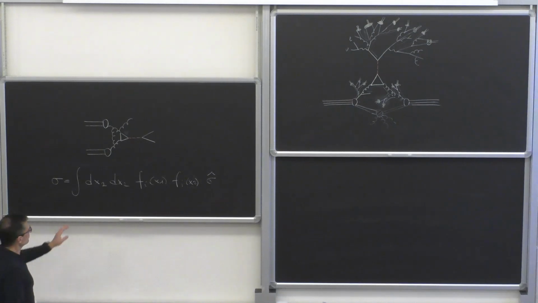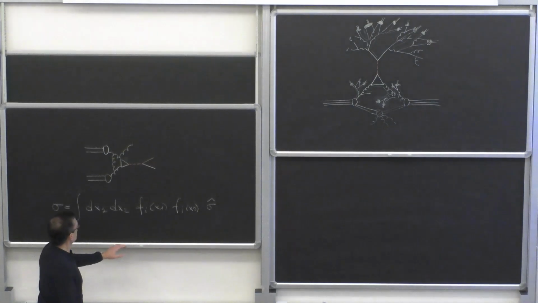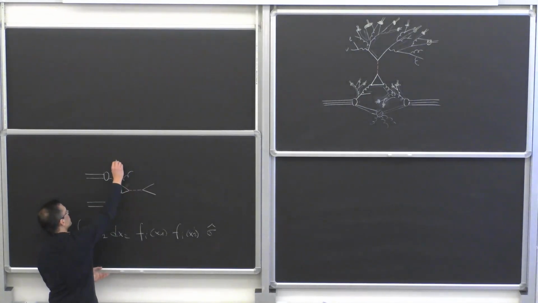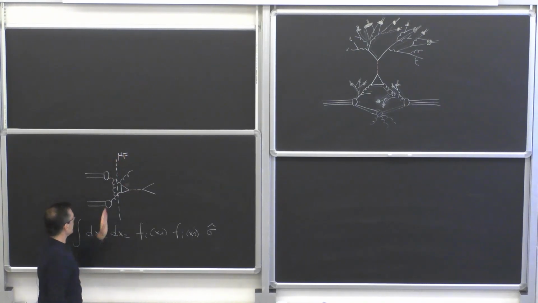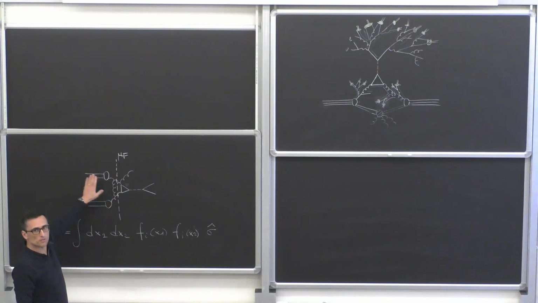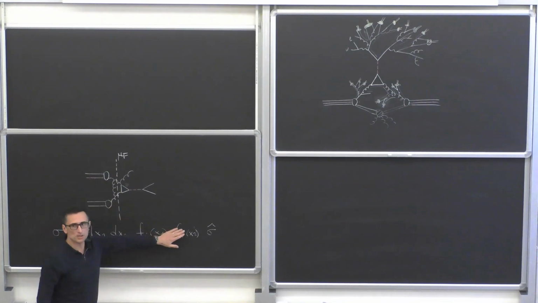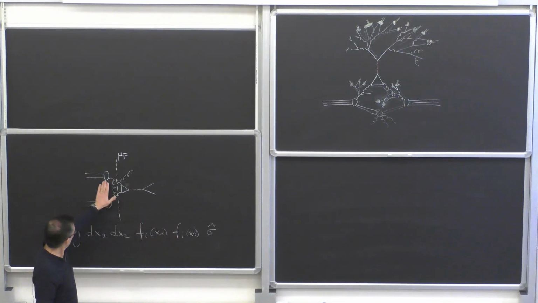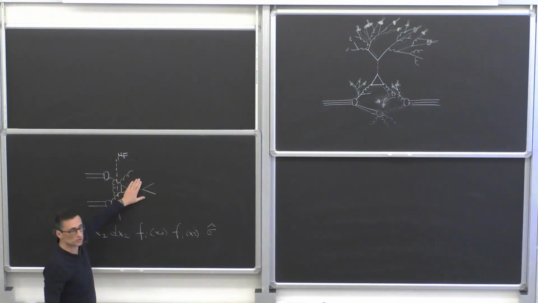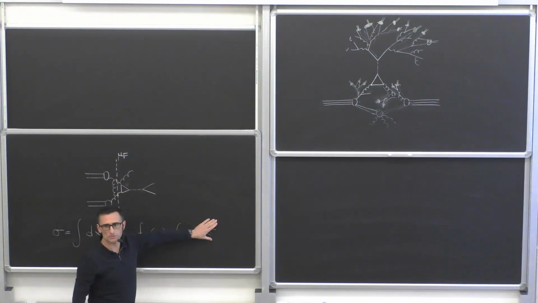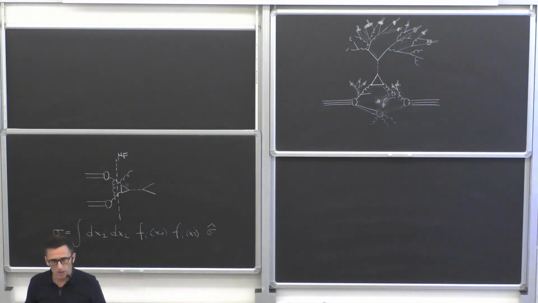So the idea is that at a scale mu f, which we set somewhere here, we divide what happens before mu f and put it in the PDF in an inclusive way, and what is after we put in the short distance coefficient, the partonic cross-section.